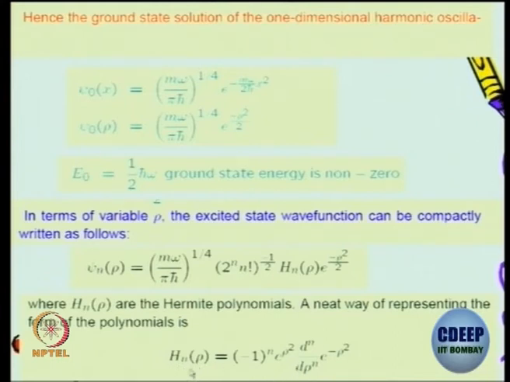If n is 1, the derivative will be d by d rho on e to the minus rho squared. That will give you a minus 2 rho, which becomes 2 rho, and so on. So, this is a very compact formula, the Rodrigues formula, where you could directly derive all the polynomial powers for any n using this one.